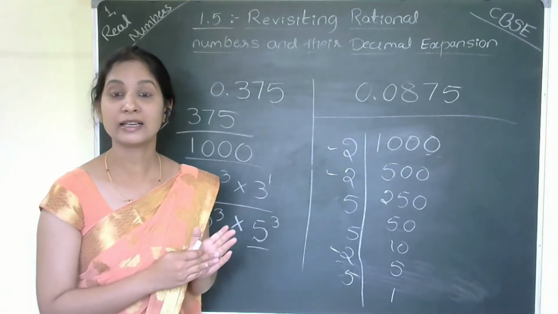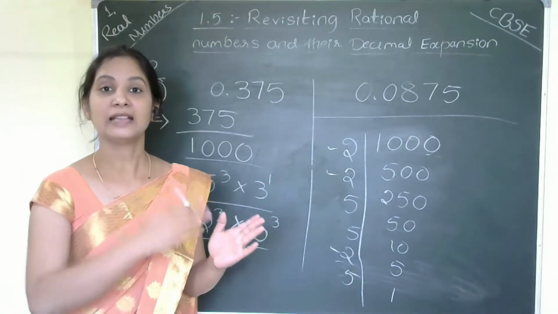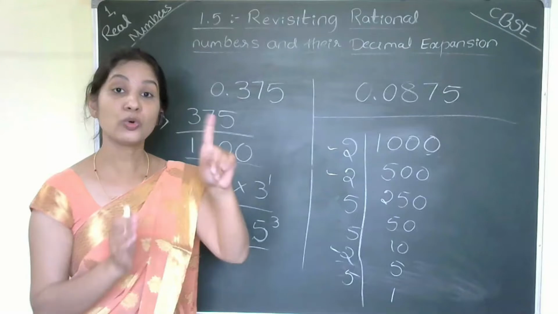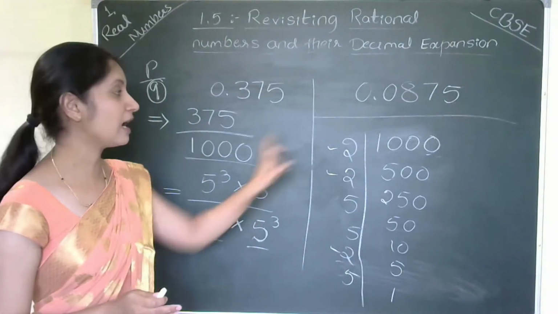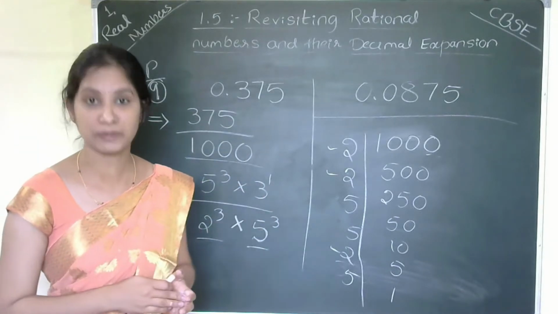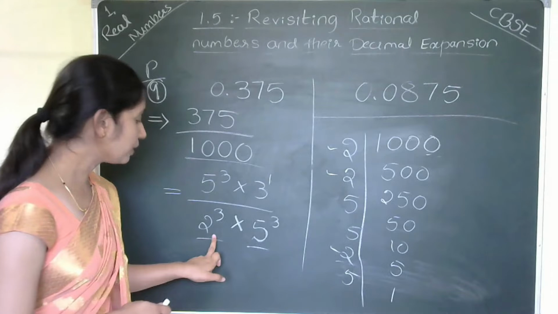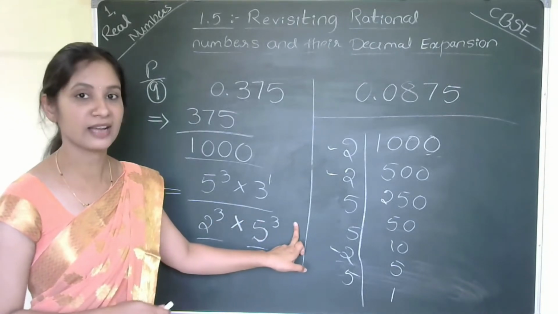So how can I write 1000 or 10,000 or 1 lakh in the multiples of 2 or 5 only? Yes, because 2 and 5 are prime. I can't take 10 multiplied by 10, because 10 is not a prime number. So only 2 to the power something or 5 to the power something I can write.